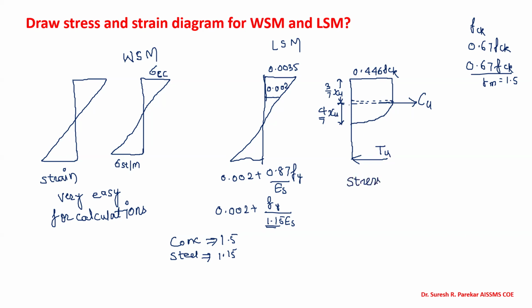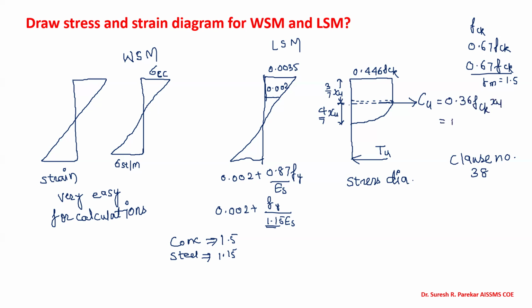Now you should be in a position to show in the IS code, clause number 38. I think that is in video number 2. You have to go through it and you should be able to explain all the stress block parameters, how this value comes, 0.36 FCK into XU.